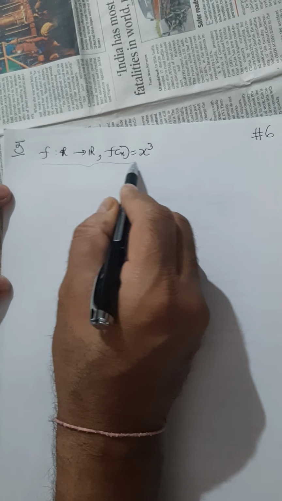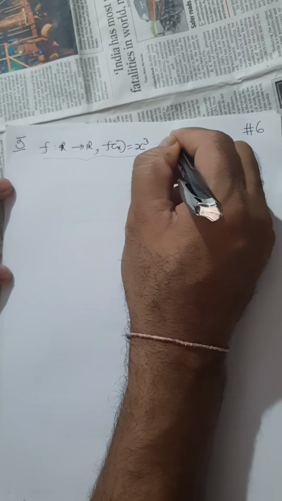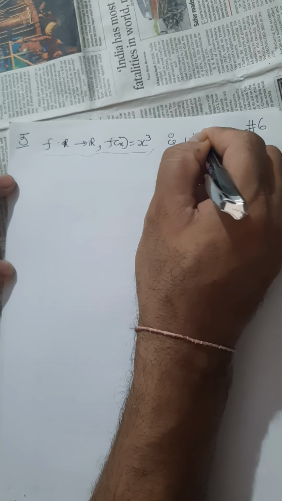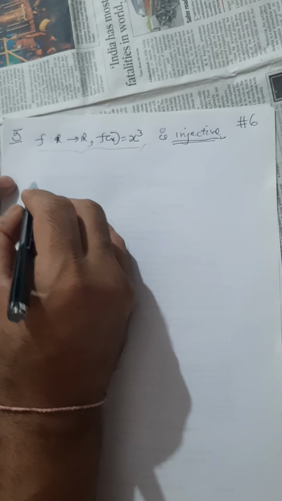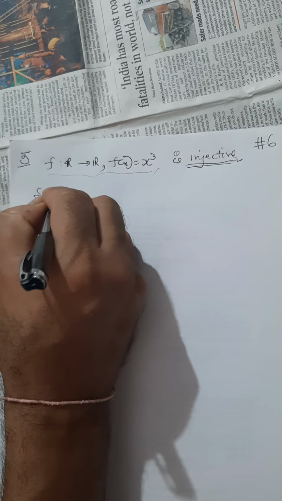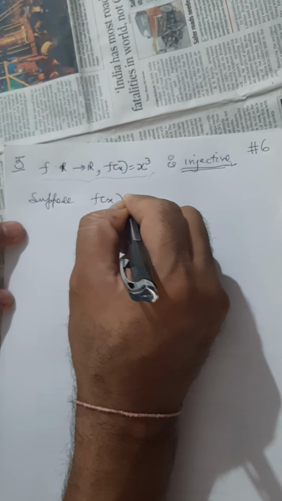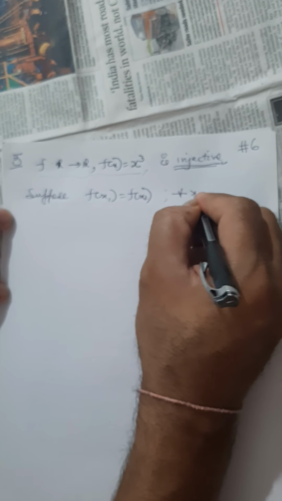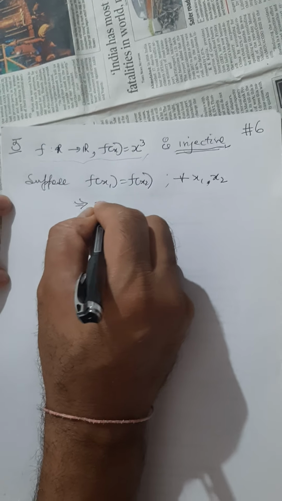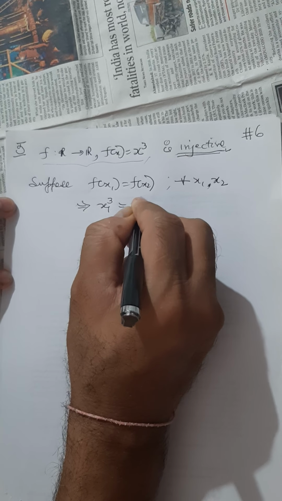We want to show that this function defined in this way is injective. Injective means one-one. This we want to show. So we start with this. Suppose f of x1 equals f of x2, for every x1, x2. It implies x1 cube equals x2 cube.